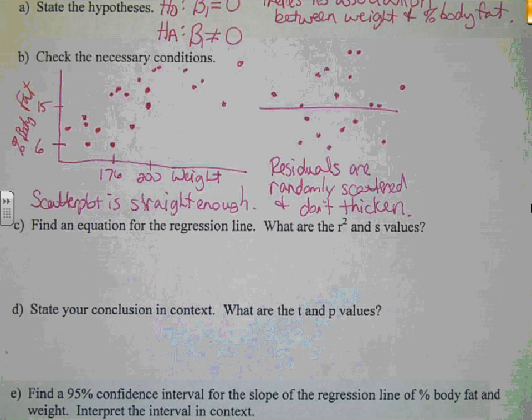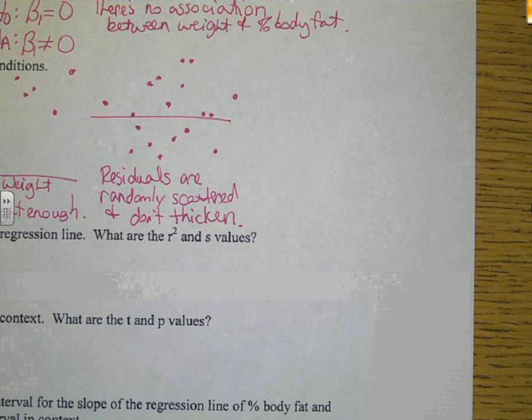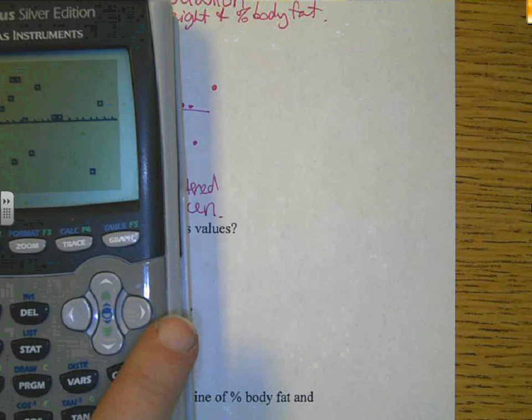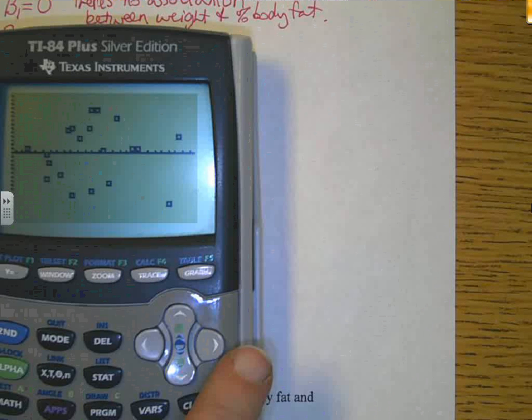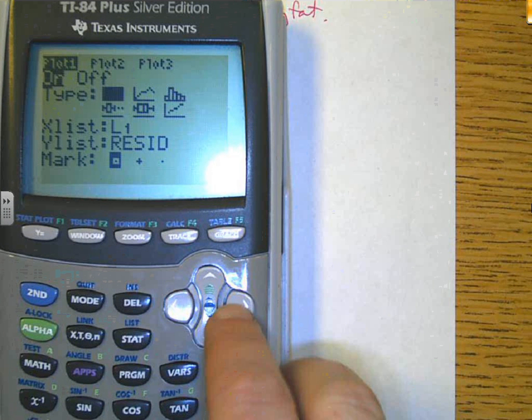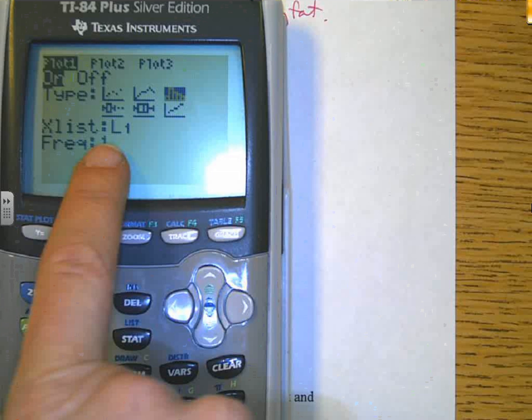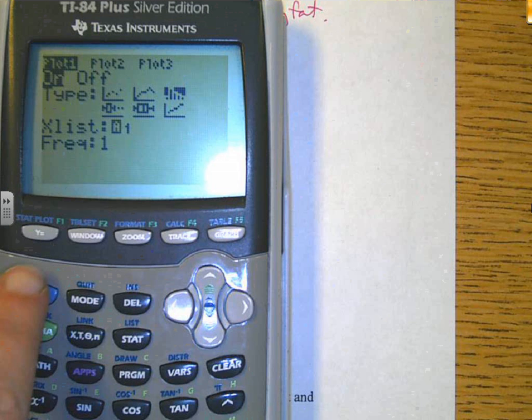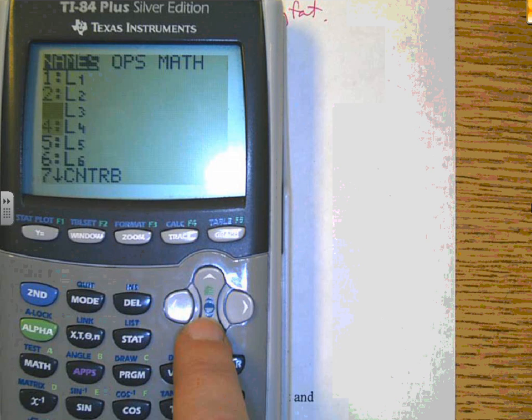So you know how to do a histogram. Yeah, change it to a histogram. It'll change the list to L1, and you want it to be a histogram of the residuals. So change your list to residual.